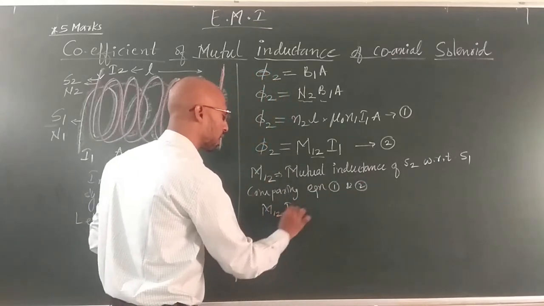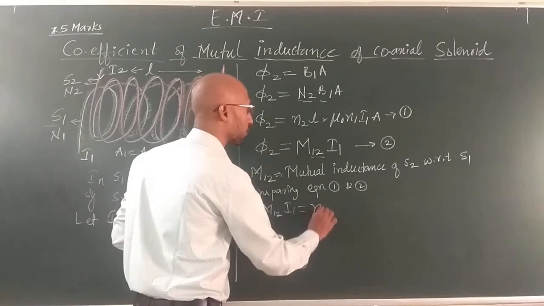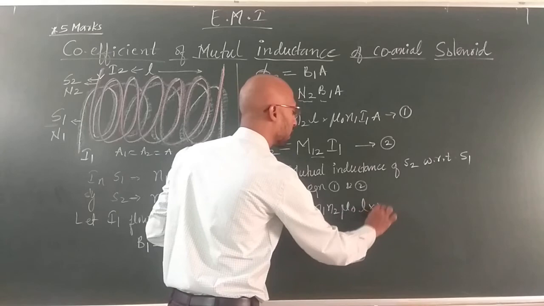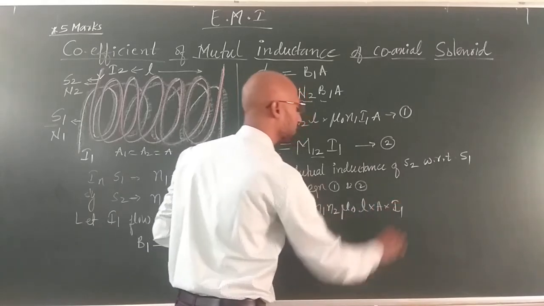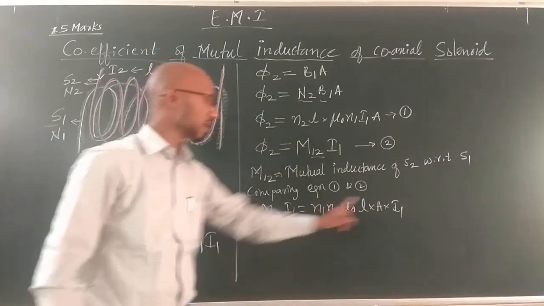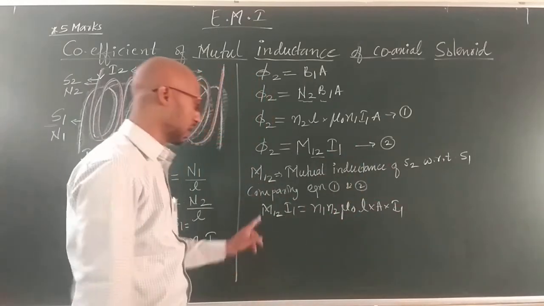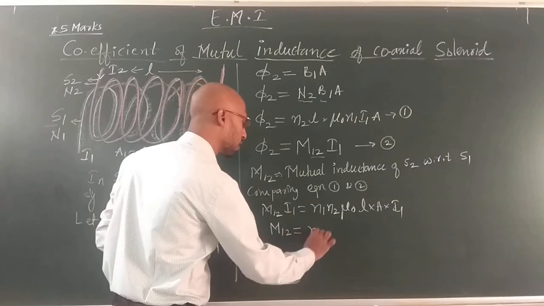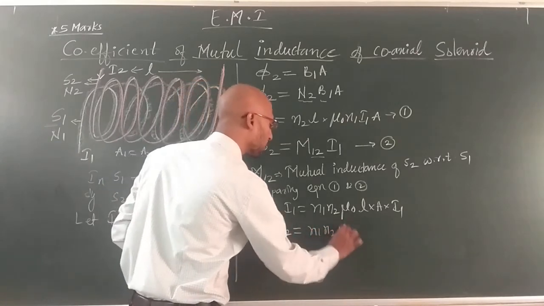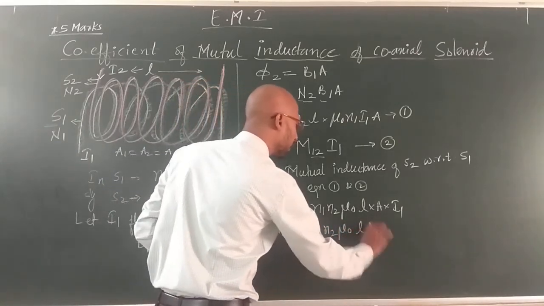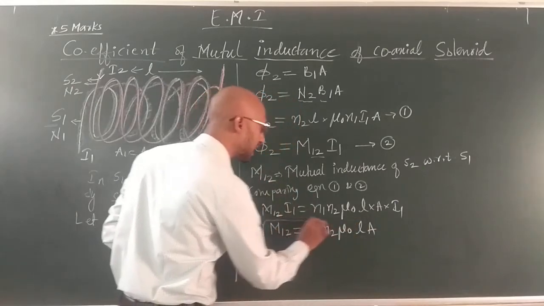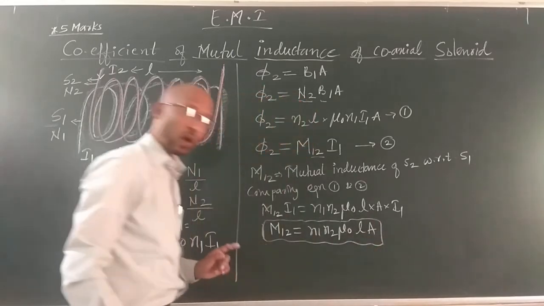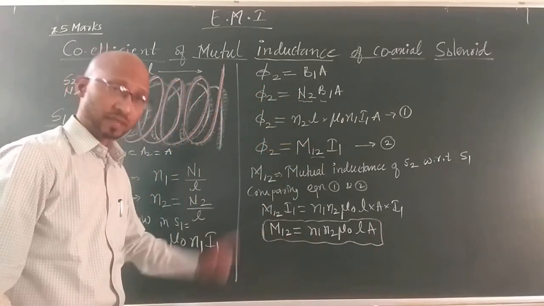M12 I1 equals N1 N2 mu naught L A into I1. I1 is on both sides, so the current will cancel. So M12 equals mu naught N1 N2 A L. This is the mutual inductance produced in the second solenoid with respect to the first solenoid.